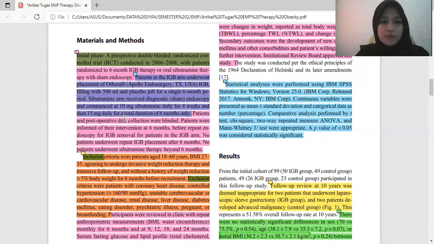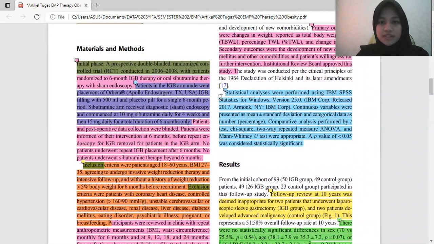The sham arm received diagnostic sham endoscopy and commenced at 10 mg daily for 4 weeks and then 15 mg daily for a total duration of 6 months. So we can conclude that the number 5 is available.